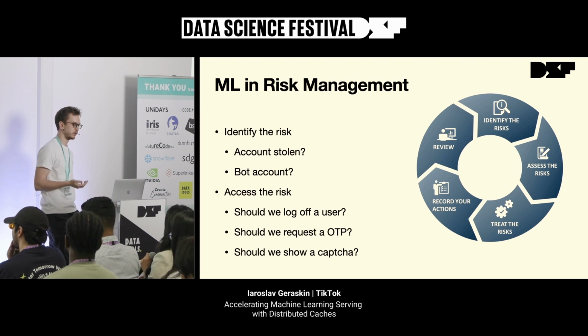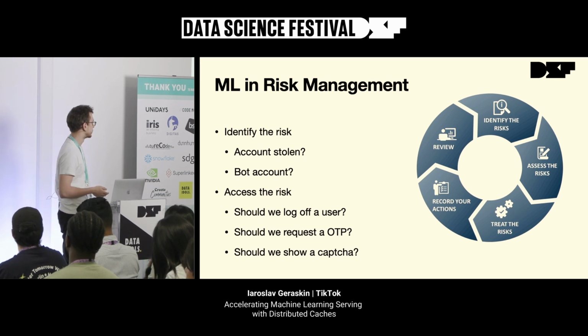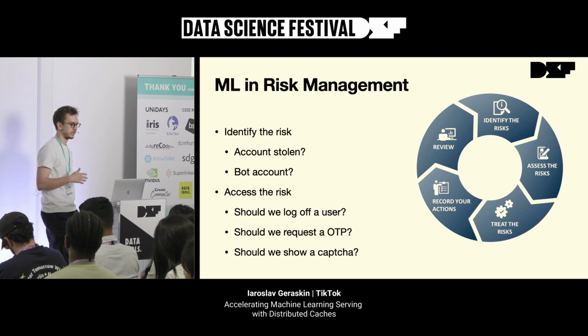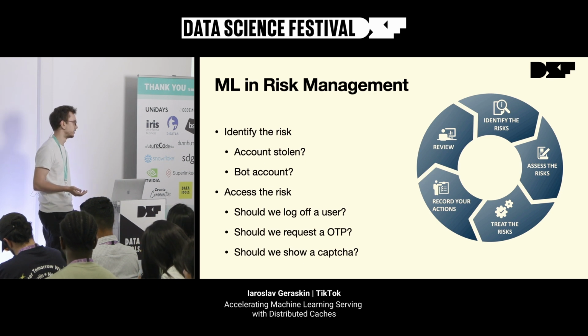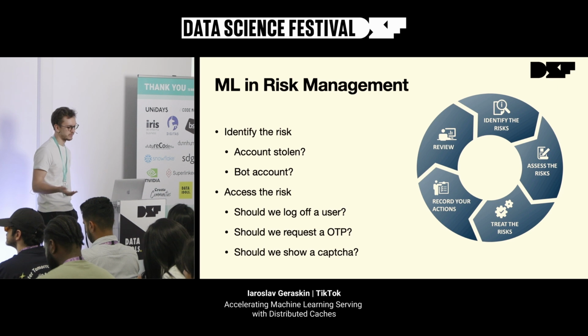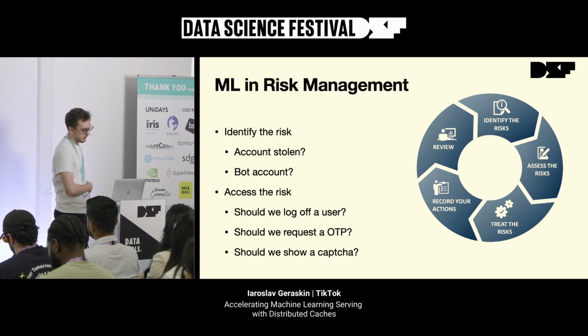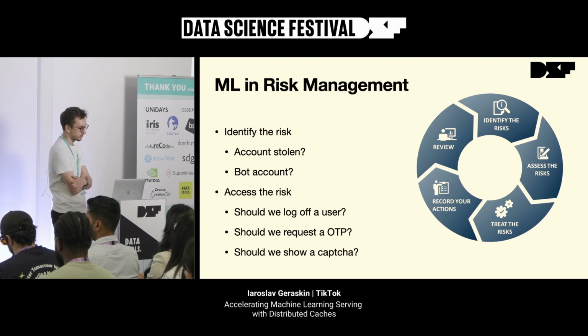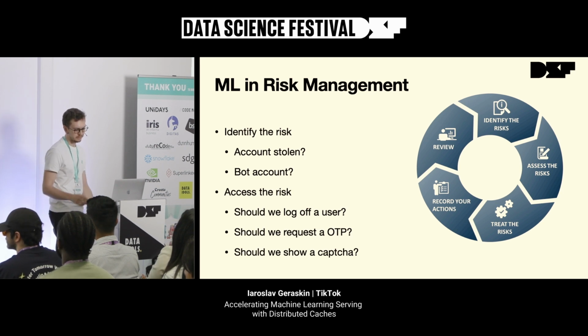Maybe we should log off this user and ask for a one-time password next time the user is logged in. And maybe that can prevent a stolen account. Maybe we can notify the user using their email that their account was temporarily suspended because there was some issue and they need to verify their identity. Or maybe we can suspect that this certain account is a bot, and we may show CAPTCHA to prevent it from taking automated actions on the platform.